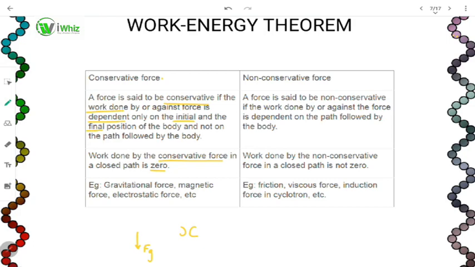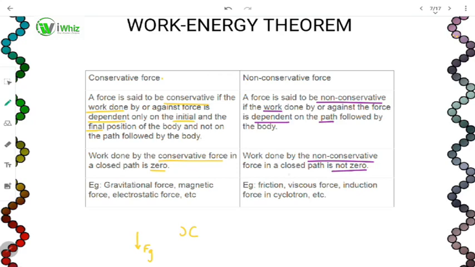A force is said to be non-conservative if the work done by or against the force is dependent on the path. All you need to know is whether the movement of the body is important or not important. The work done by non-conservative forces in a closed path is not zero. That means that it needs to be calculated.